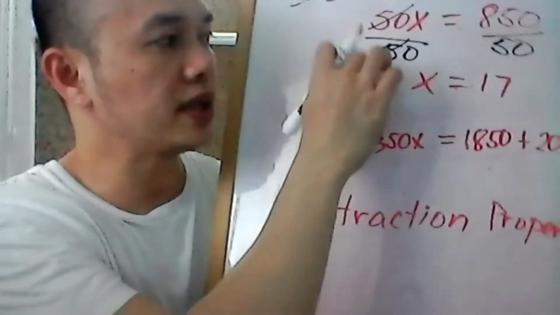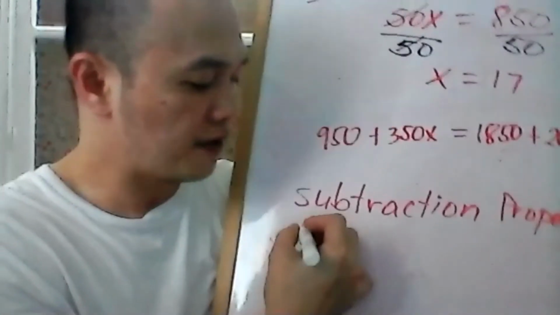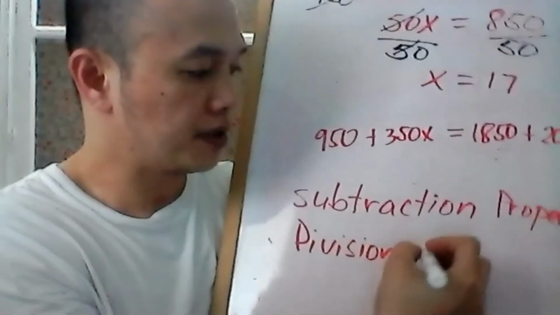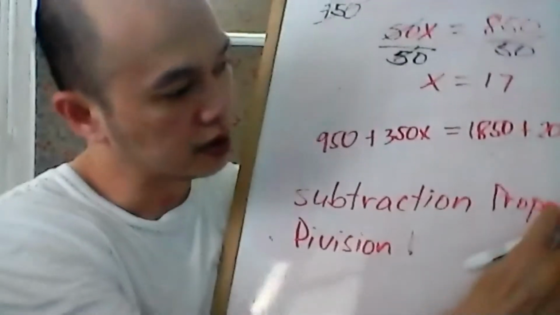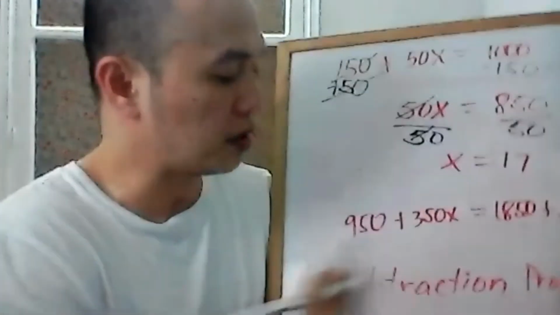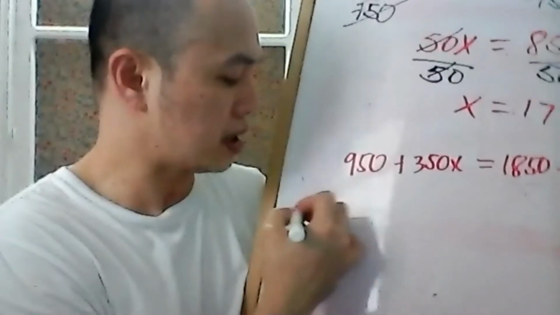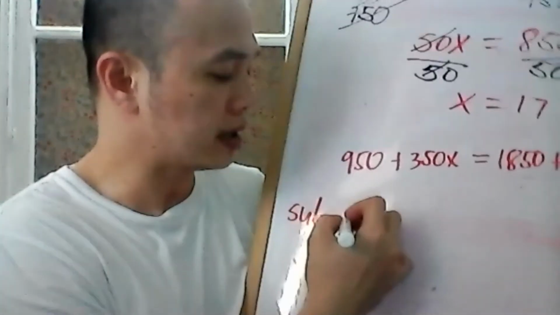Next, we need to divide it, right? So that is division property. I'm sorry, I have to write it very clearly. Again, one more time. What properties? You need the subtraction, since we minus, right?